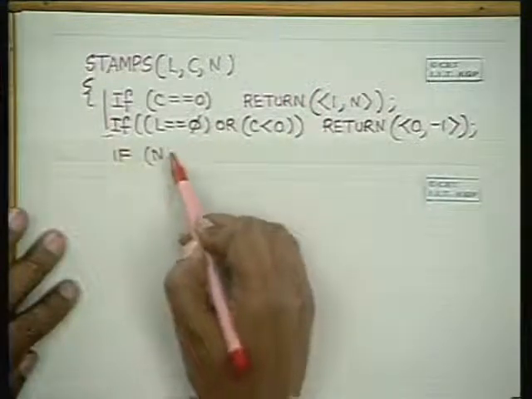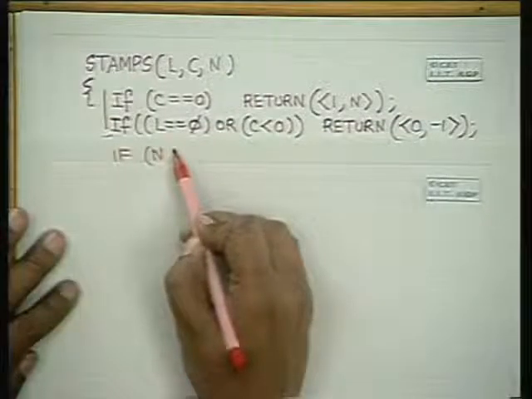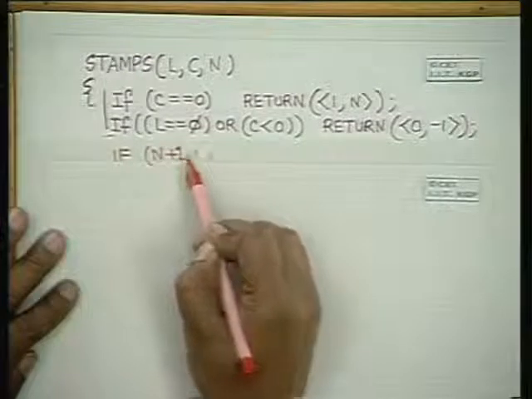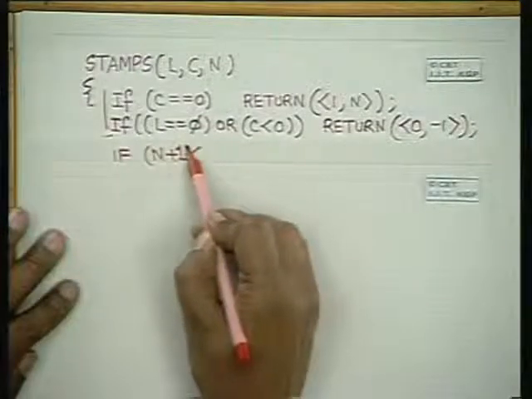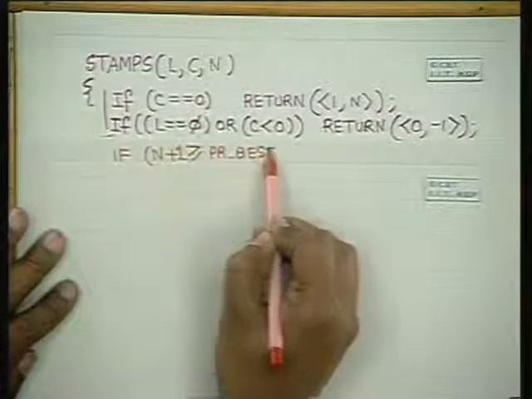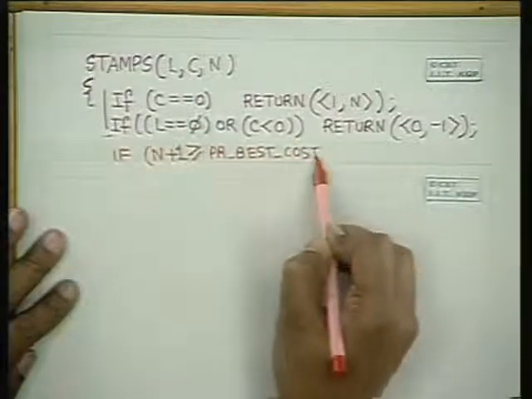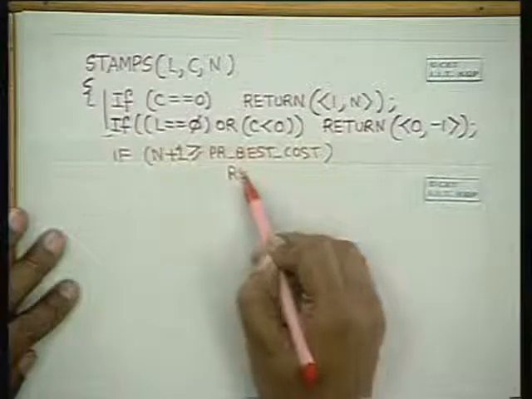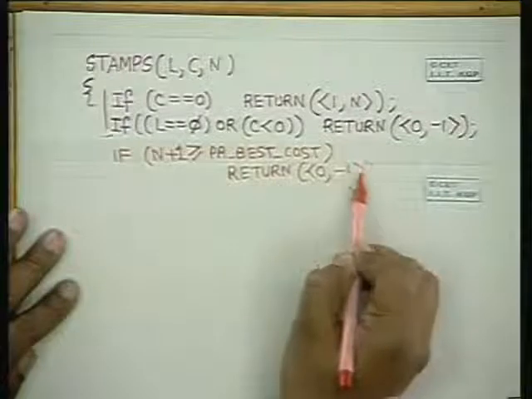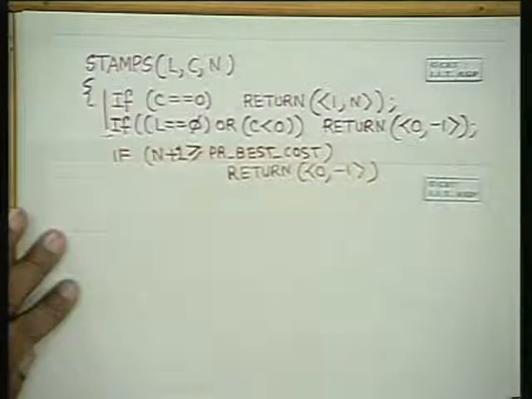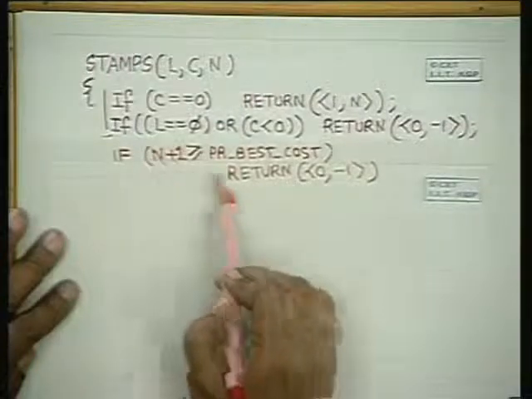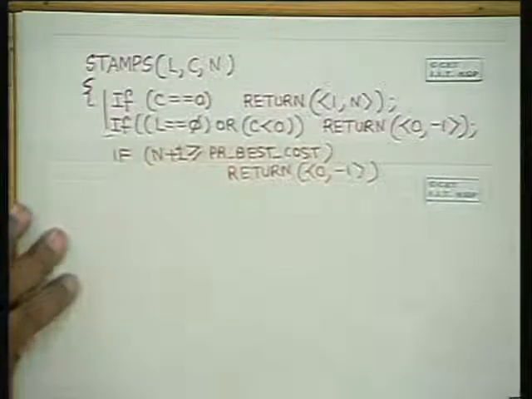If n plus 1 is greater than or equal to the present best cost, simply return. I return with failure, there is no point, I will not get anything. The value of n plus 1 is greater than or equal to the present best cost.